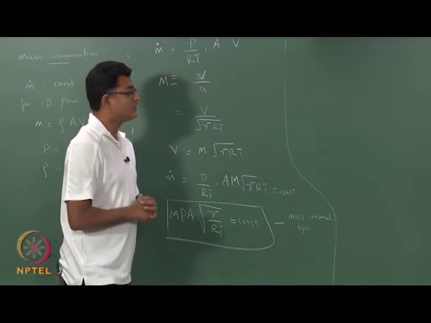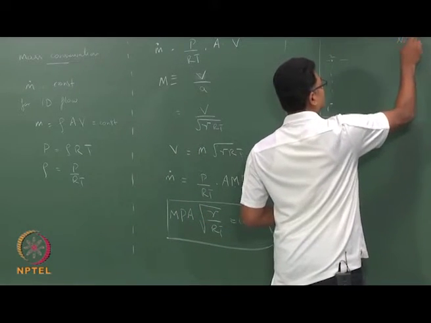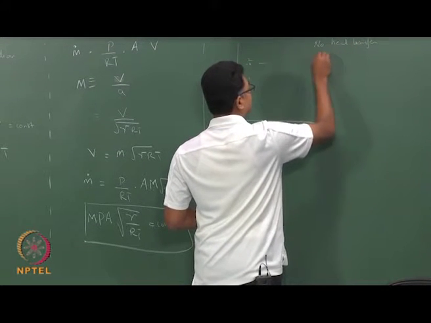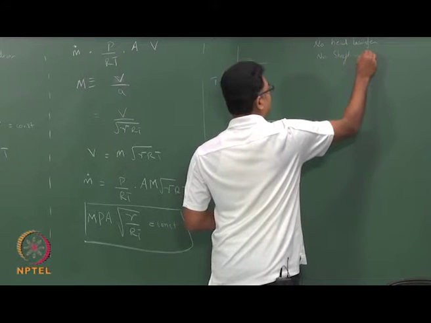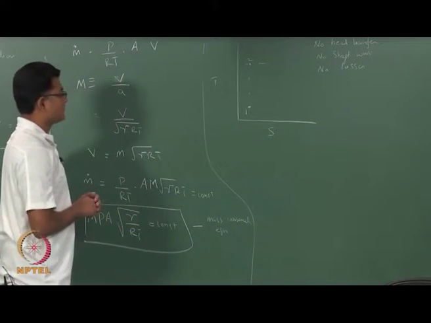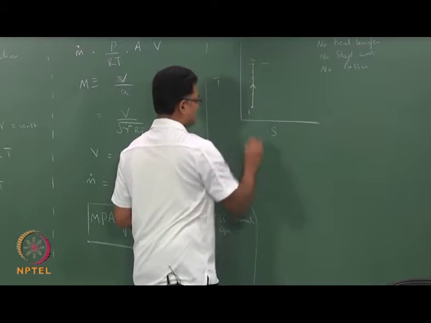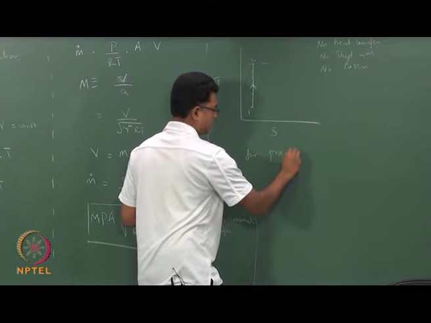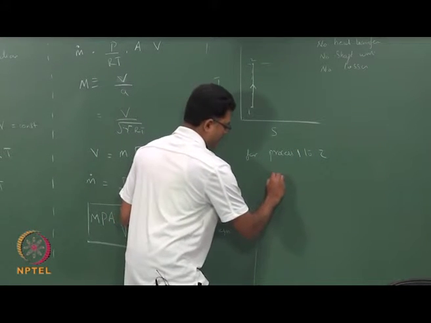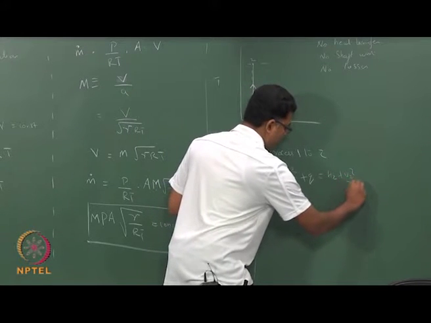Now, let us look at our energy equation. So, in the TS diagram, heat transfer, no shaft work, no losses. So, in this case, between process 1 to 2, my H1 plus V1 square by 2 plus Q equals H2 plus V2 square by 2 plus Ws.